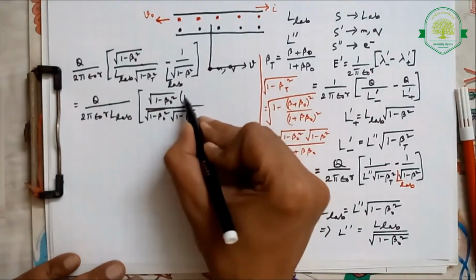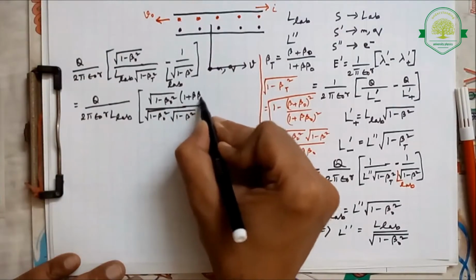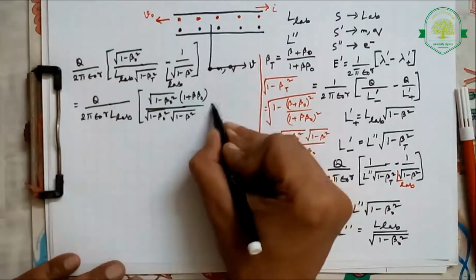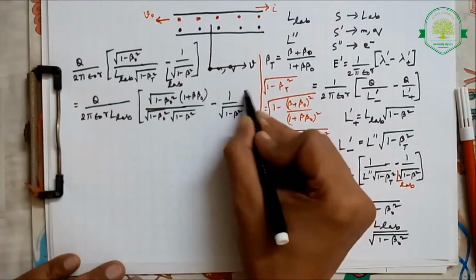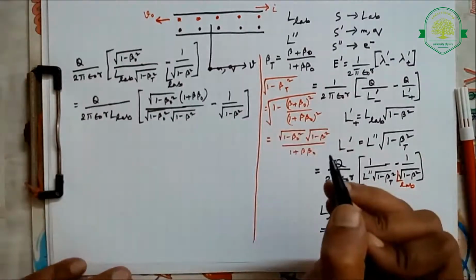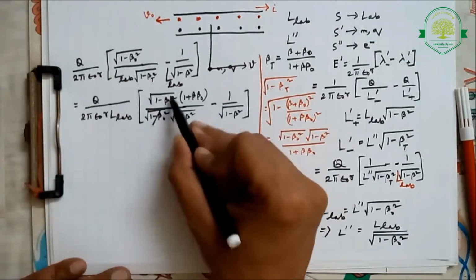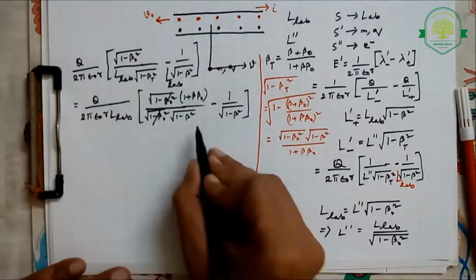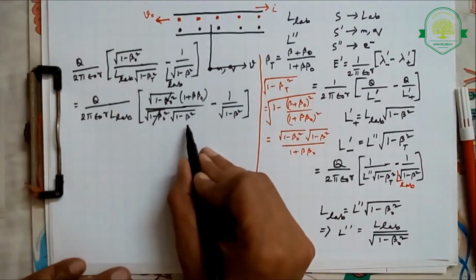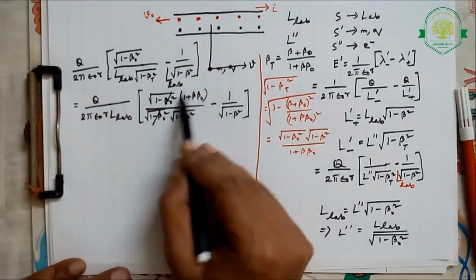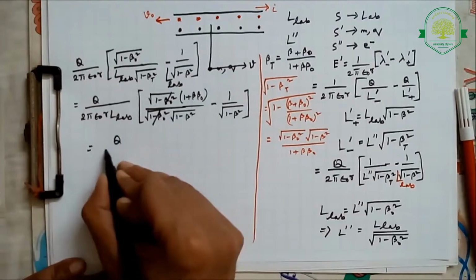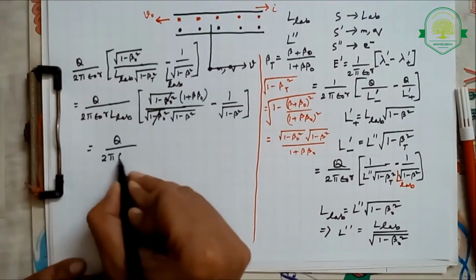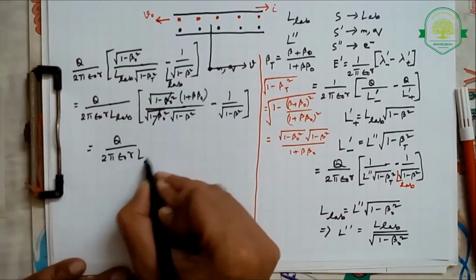So I'll write that out on the top here, minus 1 divided by square root of 1 minus beta squared. A few things will cancel out, these two things will cancel out, and I can take the square root of 1 minus beta squared common, and at the top I'll be left with a beta naught. So my final result is 1 by 2 pi epsilon 0 r L lab.